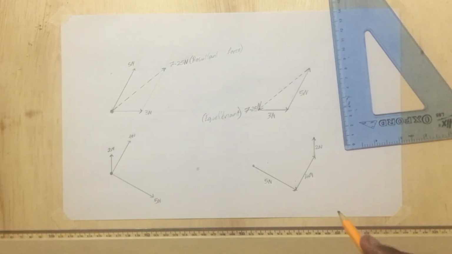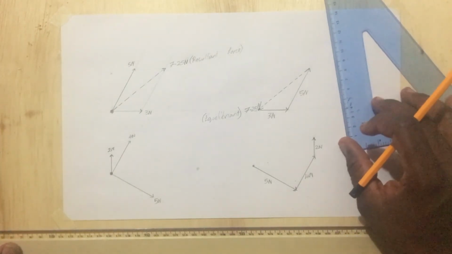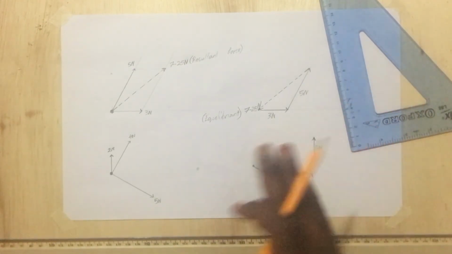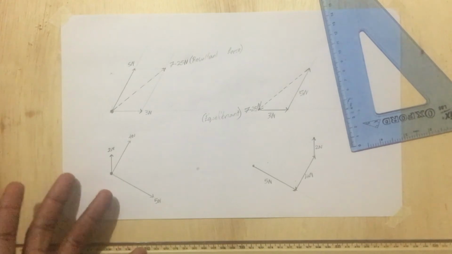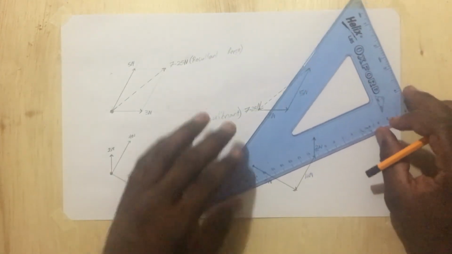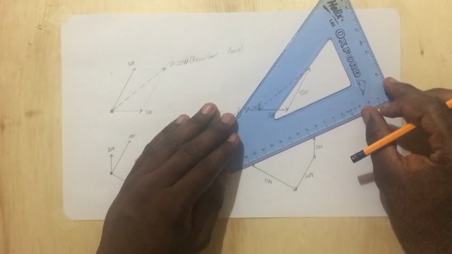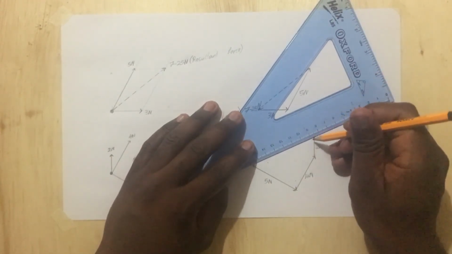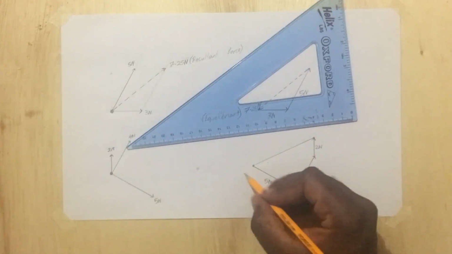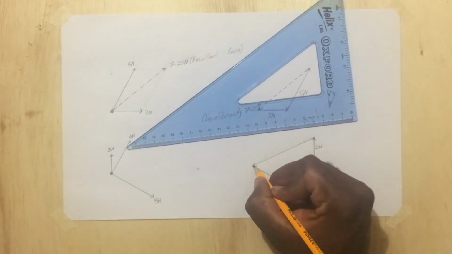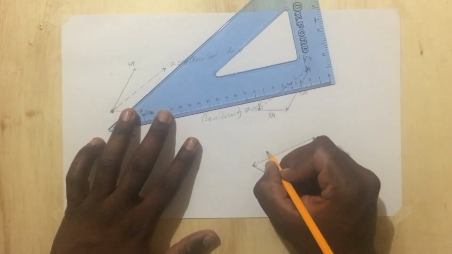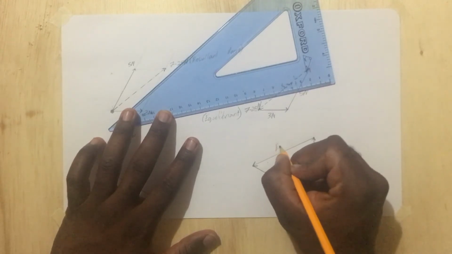The resultant of all these forces is not 0. So in order to find the equilibriant, we have to close the polygon. So we are continuing with the direction. So this line is now the equilibriant.